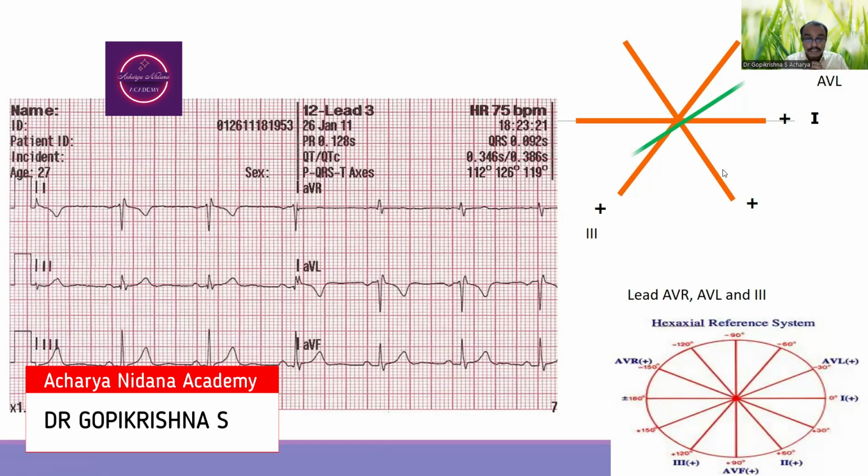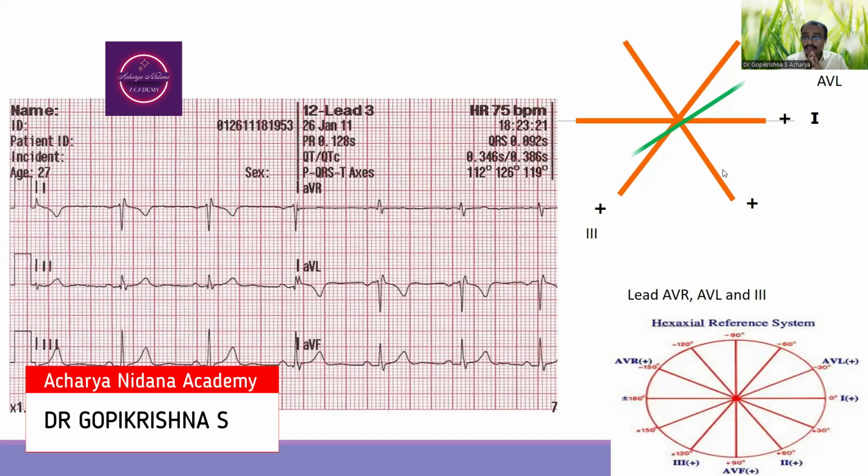Again, lead 3 is having the electrical axis, right? So that means the electrical axis in this particular example is not lead 3, it is AVR. AVR in the sense the electrical axis will be perpendicular to lead AVR.